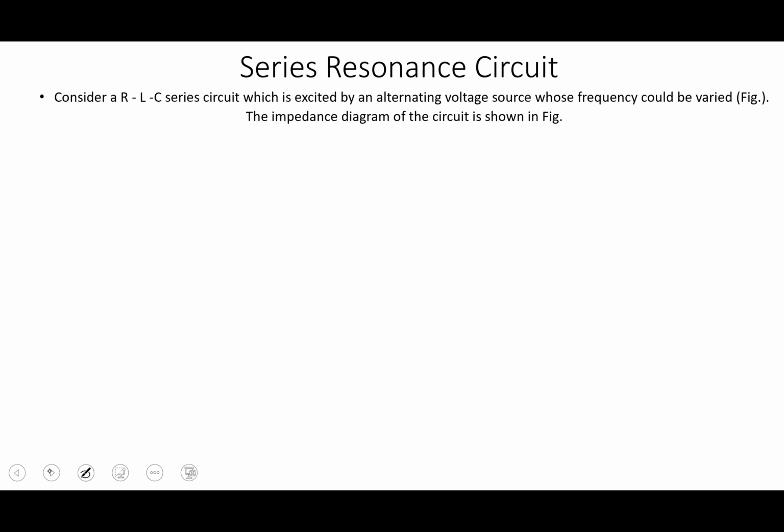Now comes the series resonance circuit. In this case, we have to consider a resistance, inductor, and capacitor in series. That means if we have an alternating source over here, there is an inductor as well as a capacitor as well as a resistance.